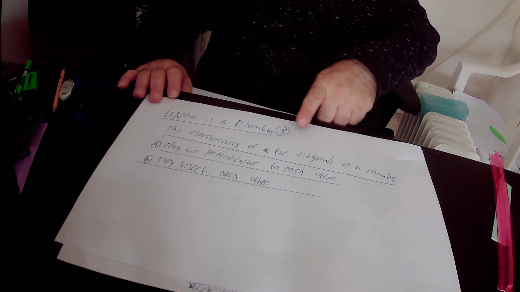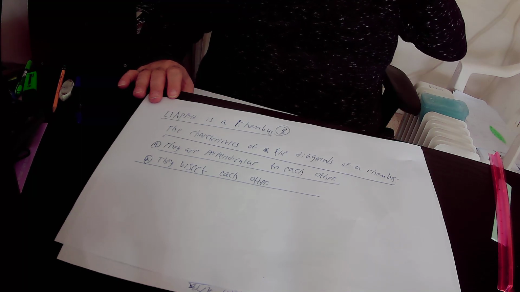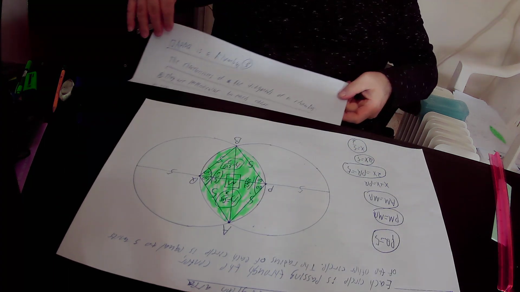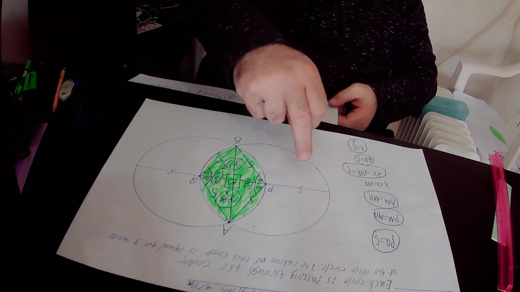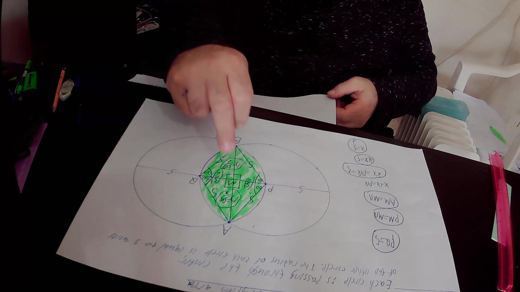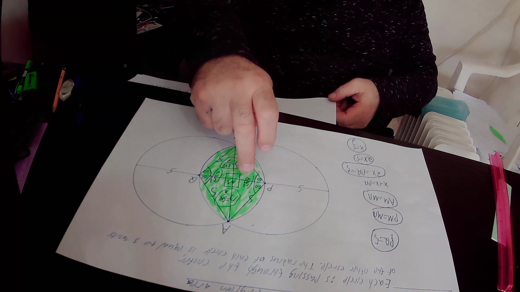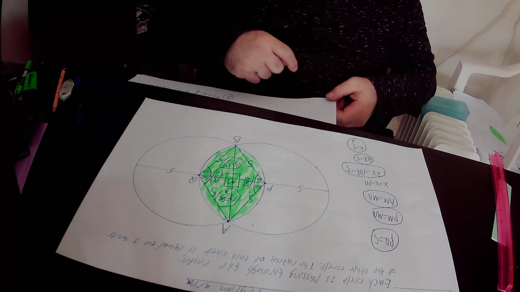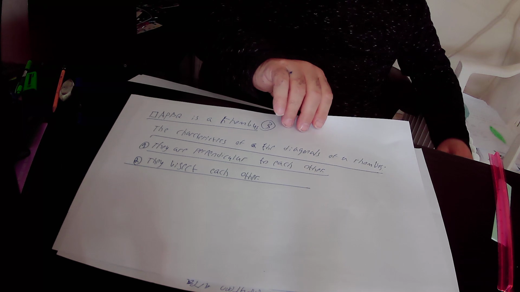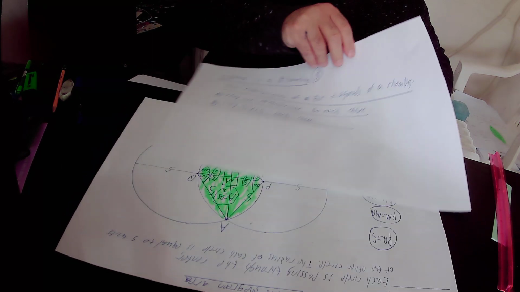First of all, they are perpendicular to each other. That is to say, diagonal AB is perpendicular to diagonal PQ, and diagonal PQ is perpendicular to diagonal AB. What does it mean? It means that we have here 4 right angles, 1, 2, 3, 4.